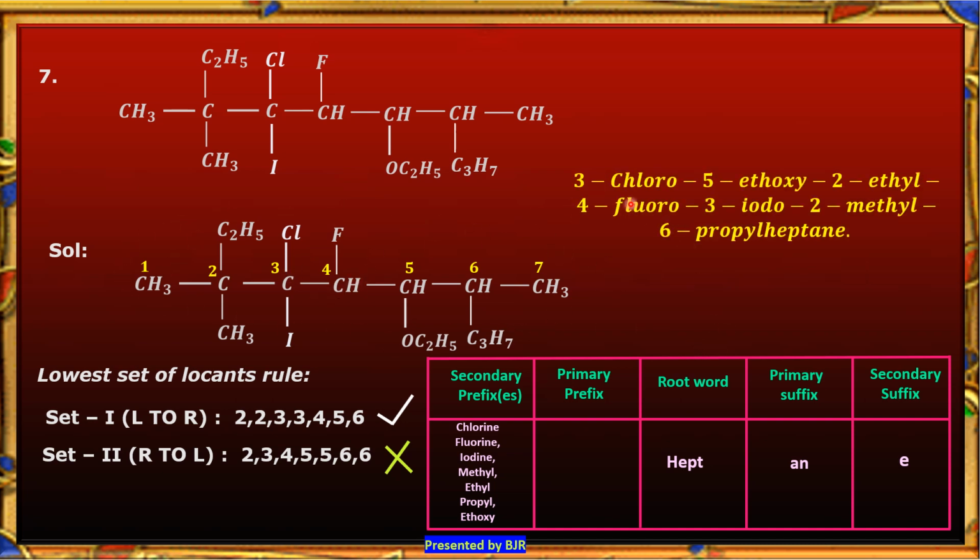See here, 3-chloro, 5-ethoxy, this one, 2-ethyl. Okay, next 4-fluoro, 3-iodo, 2-methyl, 6-propylheptane. Okay.